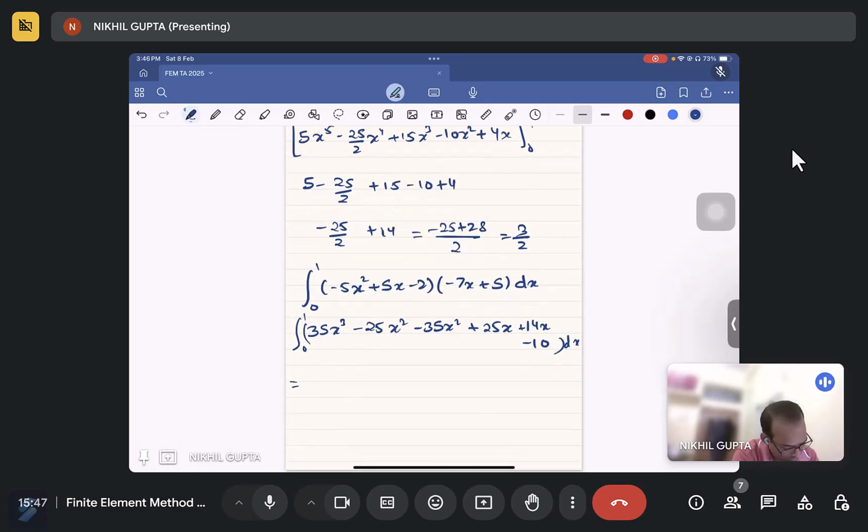You solve this with 35 x cube, then this 25 x square and 35 x square are very common.